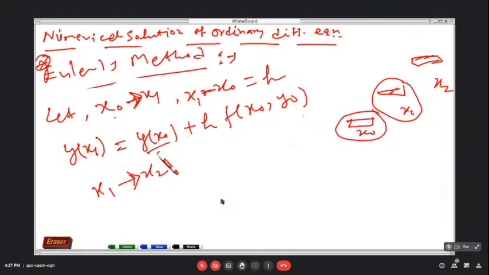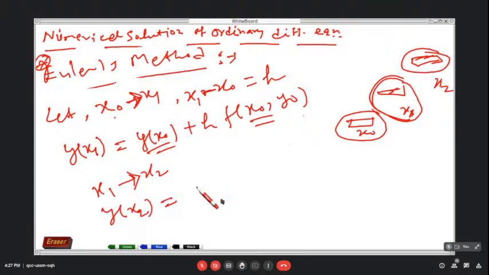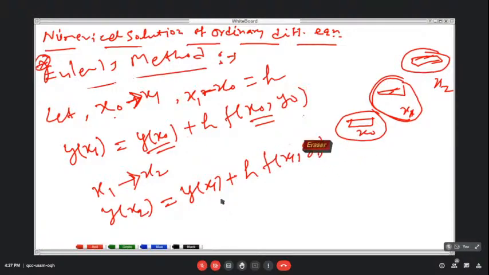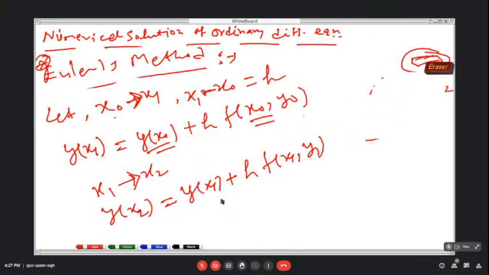If you want to find the value at x2, then you need the values at x1, right? Based on x1, you can calculate x2. In this way, y(x2) is equal to y(x1) plus h f(x1, y1). So this is the value of the next step.